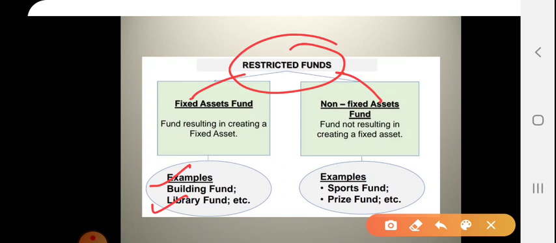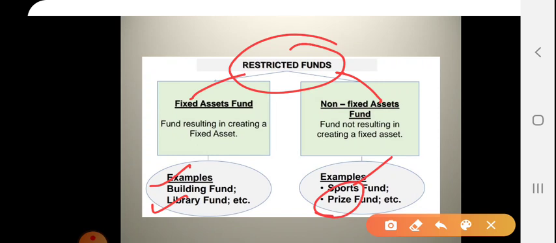Sports fund, however, may create a non-fixed asset. Sports activity is a one-time activity; it will be over, and it doesn't create any fixed asset.